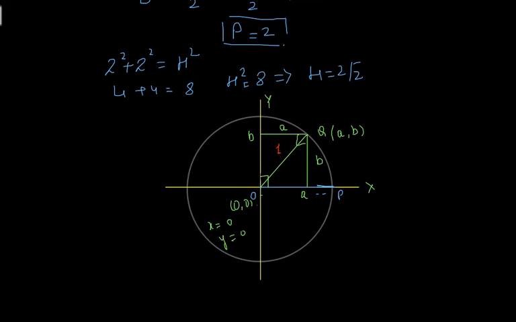This is 1. Now, I hope you remember the Pythagorean theorem. What does it state? It states that the square of the hypotenuse is equal to the sum of the squares of the two sides. Now, what are the two sides in this triangle? Let's assume a point R. So, in this right angle triangle, this is one side, the base, and this is the perpendicular, and this is the hypotenuse.